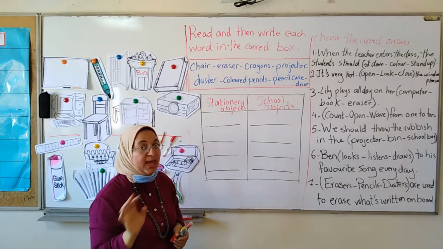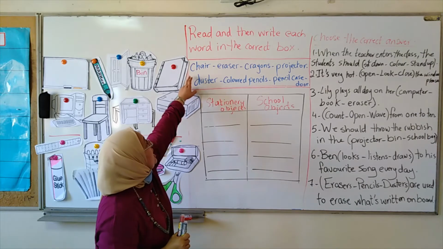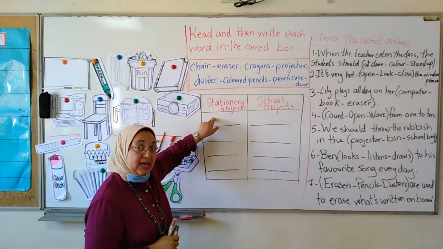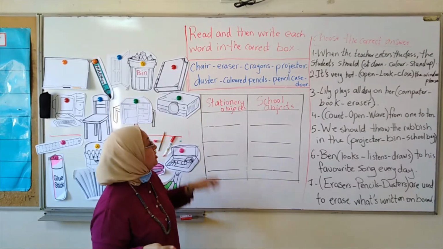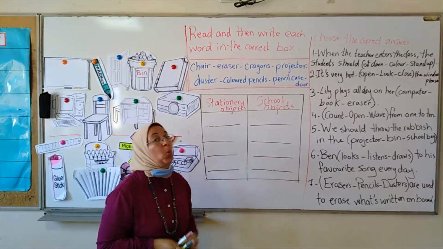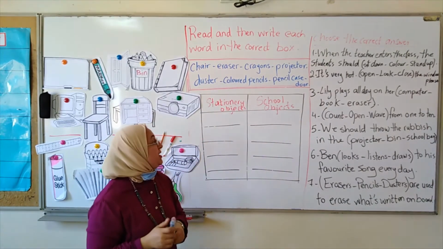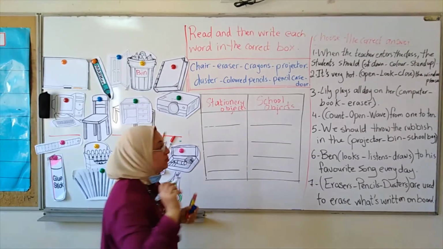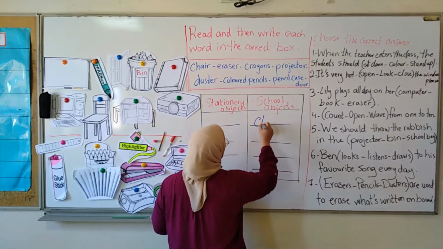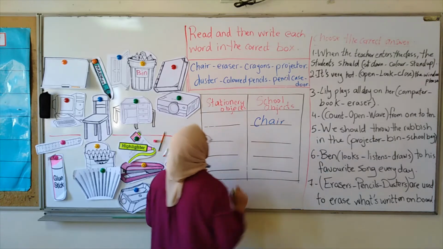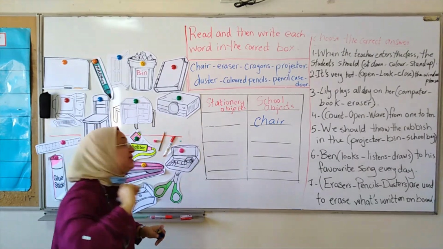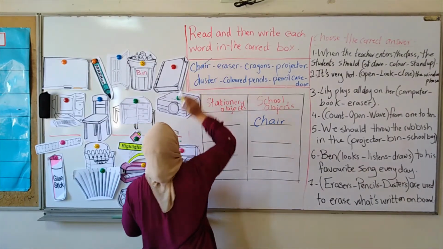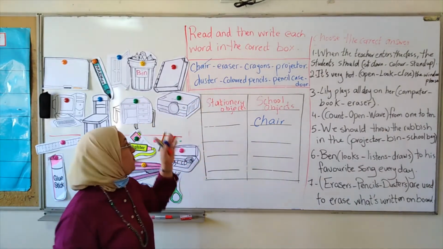So chair: can I put it inside my pencil case? Can I take it home with me? Of course not. So it's going to be a school object. I'm going to write chair here. And when you write any word, please cross it out so you don't write it again. Crossing it out means I finished this word and I will not go back to it.